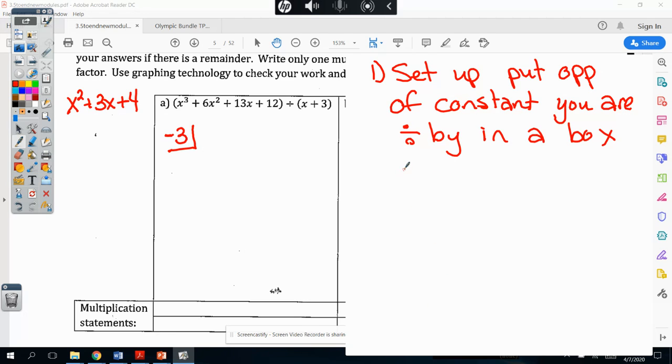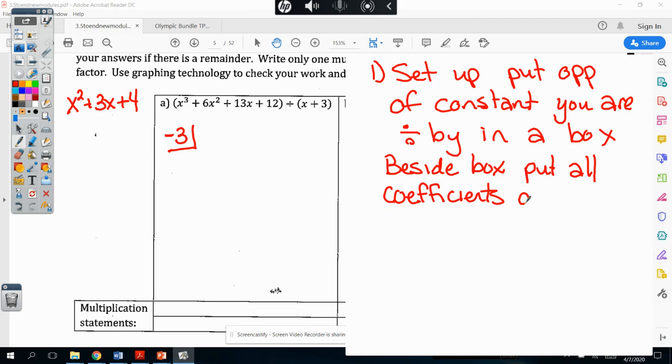Then beside the box, put all coefficients of the dividend. I think this might be the dividend. If I'm wrong, I'm sorry.